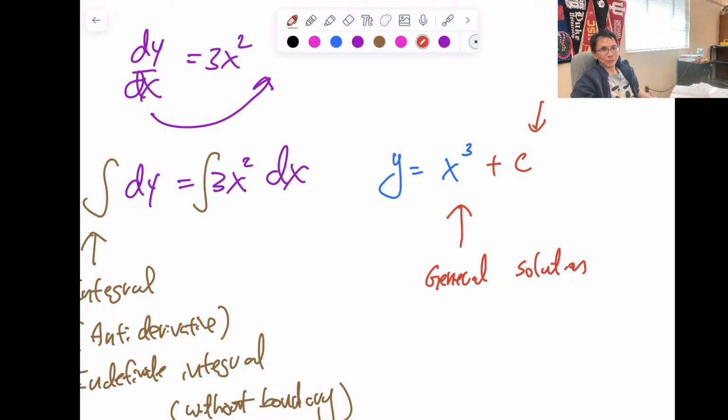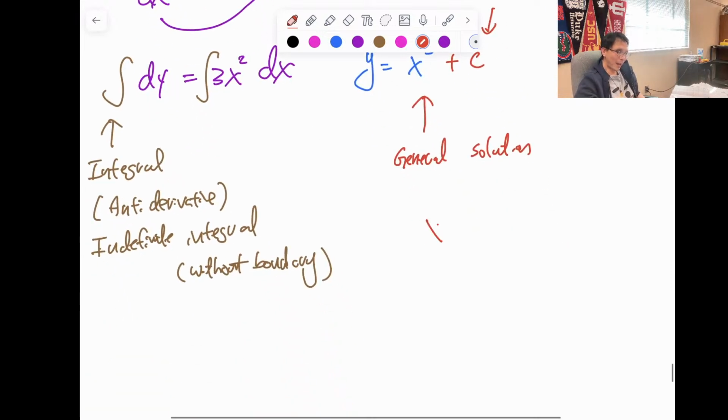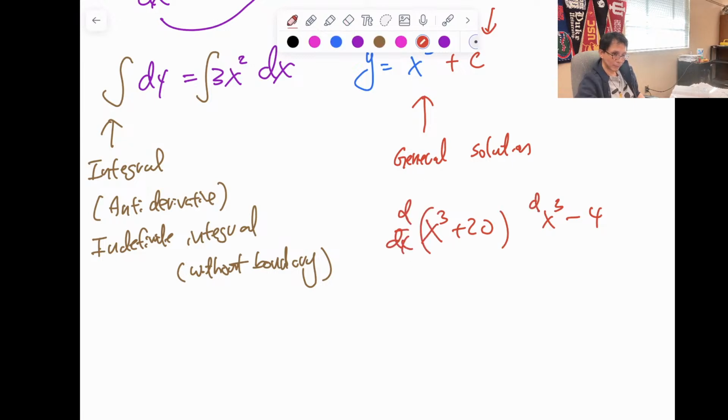Now, without plus c, you're going to argue, well, it could be a right answer, it could be a wrong answer. But think about it. If I have x cubed plus 20, or x cubed minus 4, and I take a derivative of those, what am I going to get? It's equal to 3x squared.